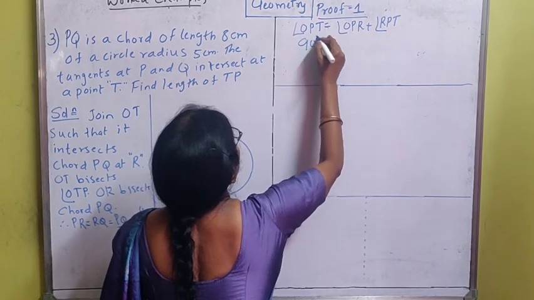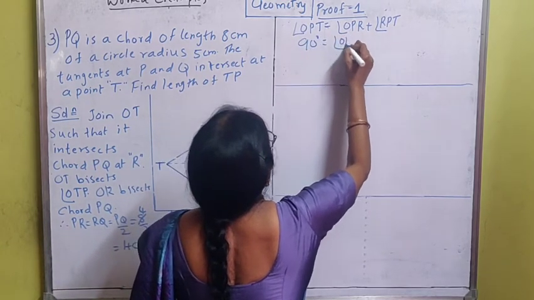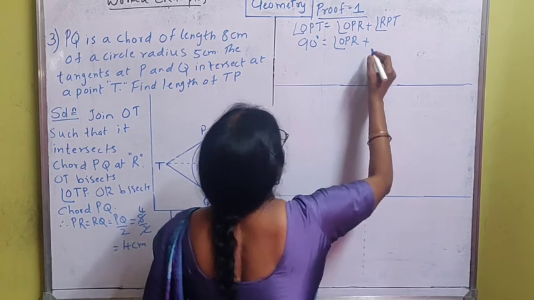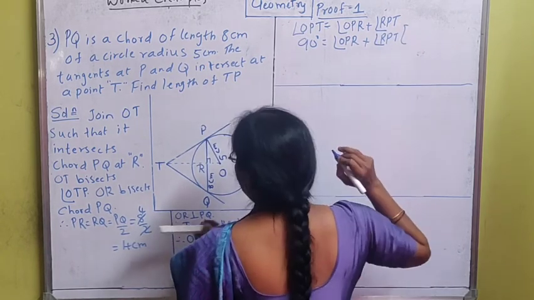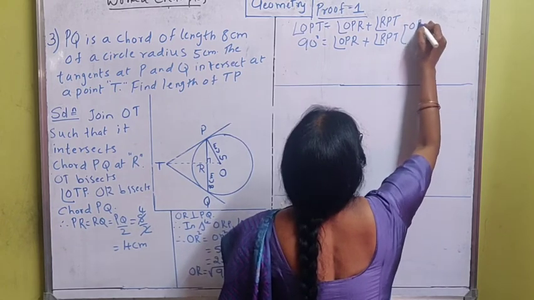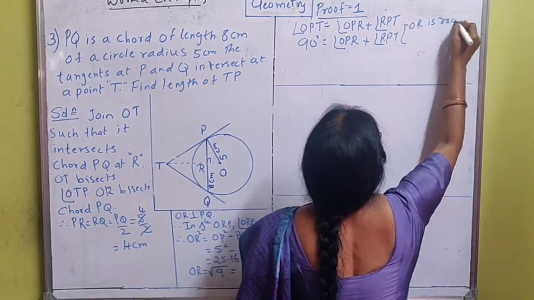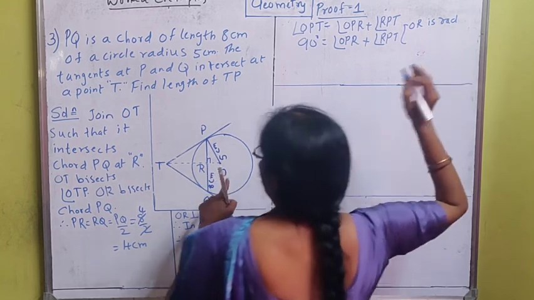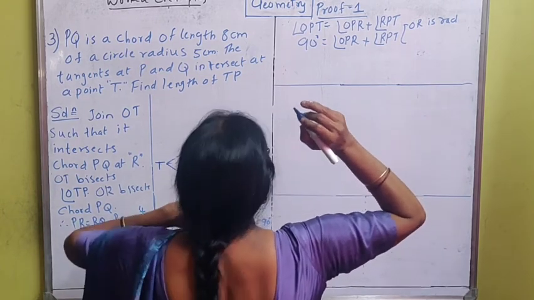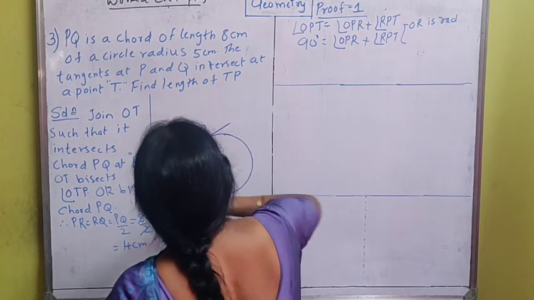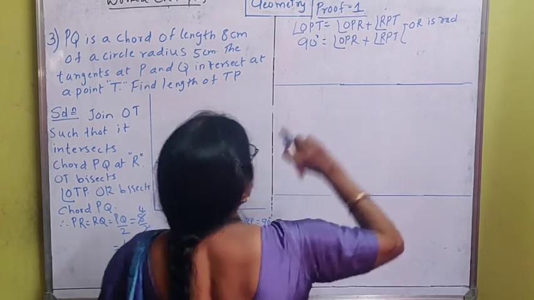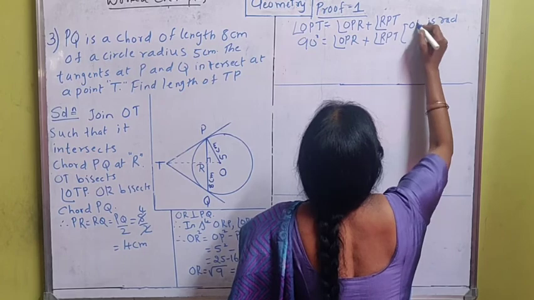So 90 degree is equal to angle OPR plus angle RPT. What is the reason over here?